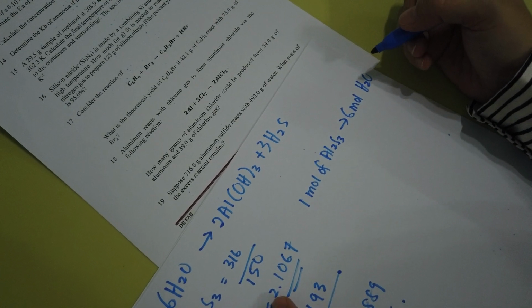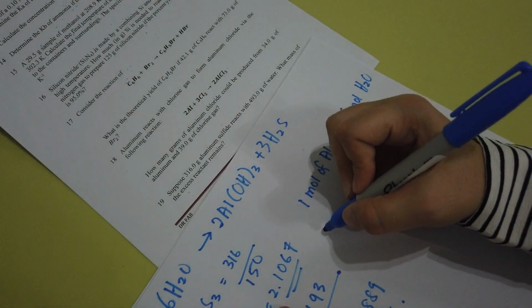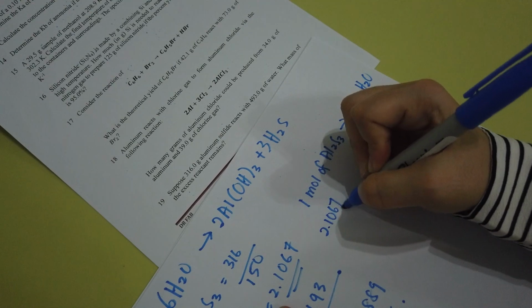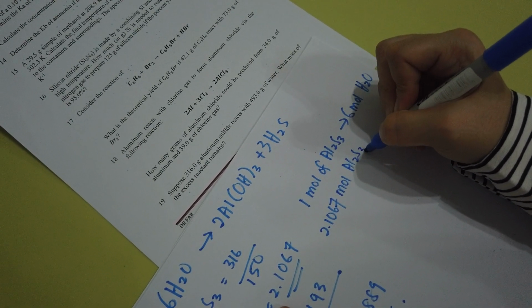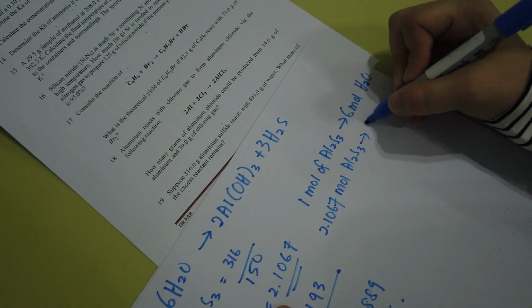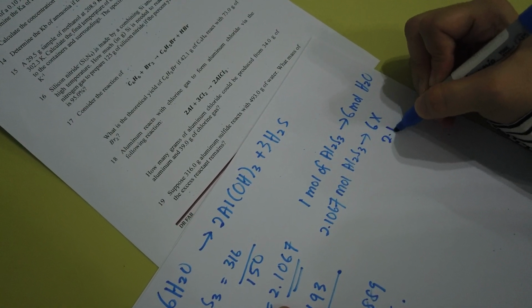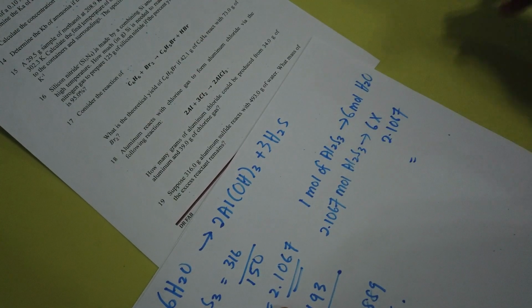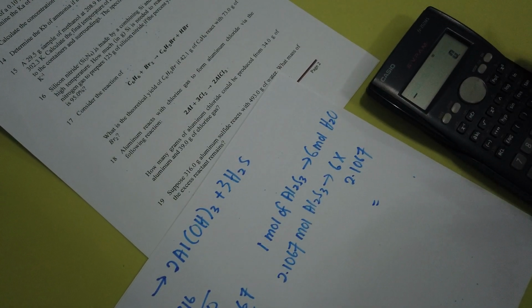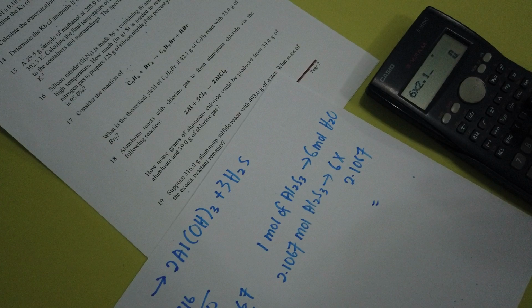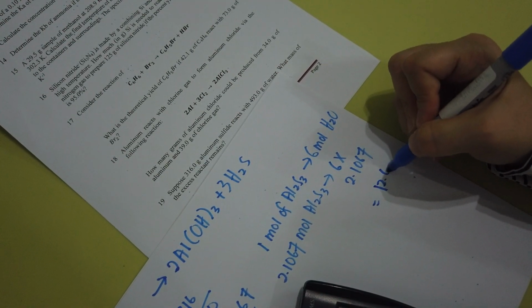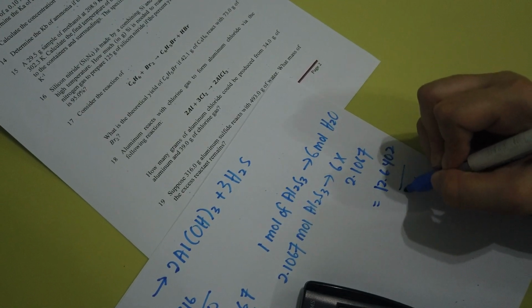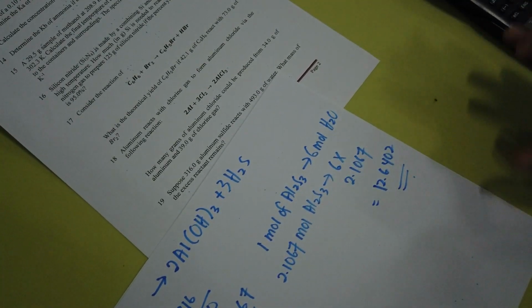So since we have 2.1067 mole of Al2S3, you should need 6 times 2.1067. So 6 times 2.1067 should be 12.6402. This is the number of mole.